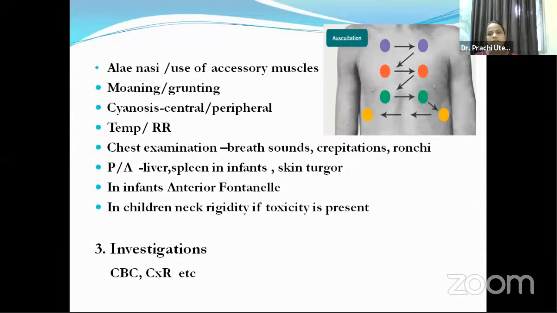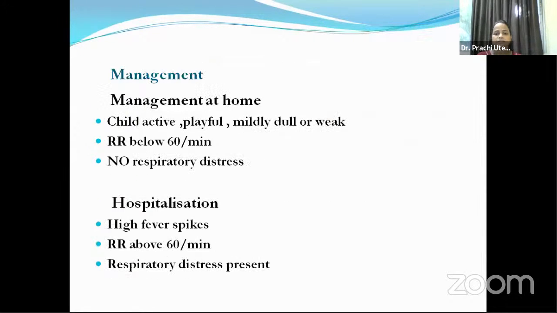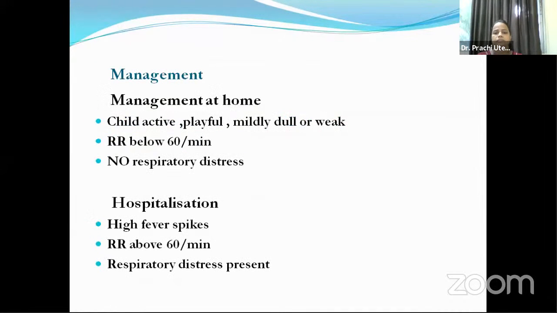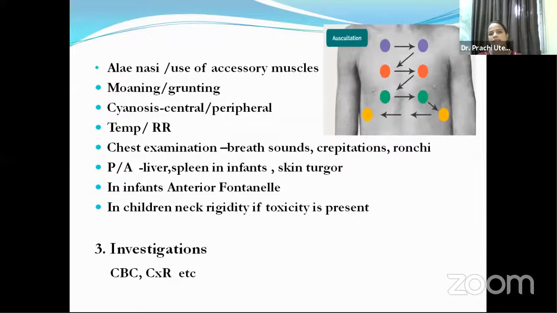Now in pneumonia, the diagram has been given showing where exactly you should auscultate. For air entry, you have to examine at the apices of the lungs, then at the middle region also.